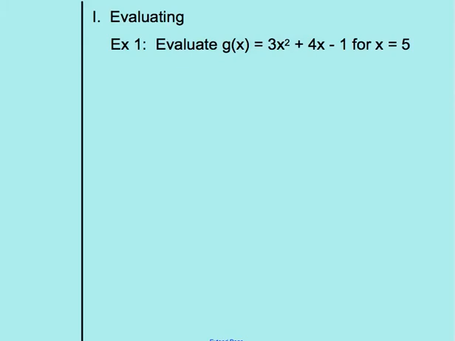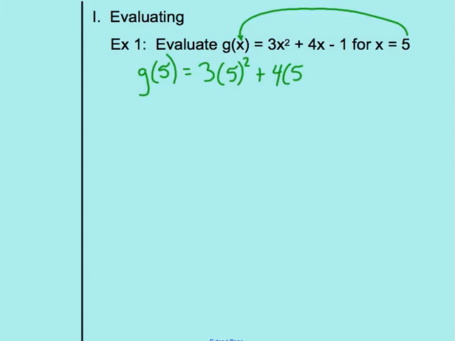All right, first example, we're just going to straightforwardly evaluate some function notation. So here's how we do that. For x equals 5, we are going to take this 5 and replace all of the x's with 5. So now we have g of 5. The g function evaluated at the value of 5 equals 3 times 5 squared plus 4 times 5 minus 1.